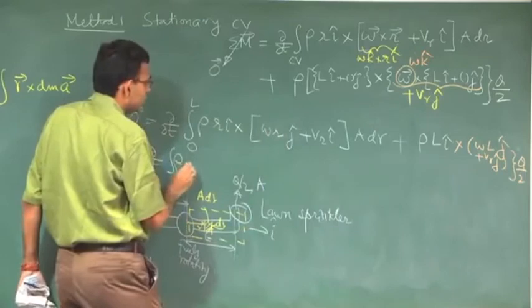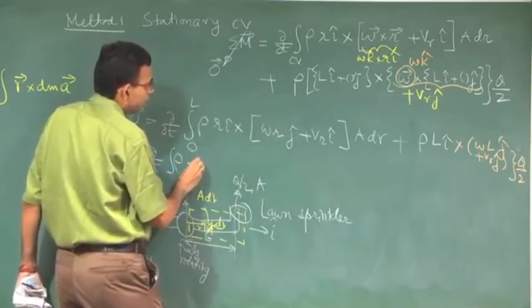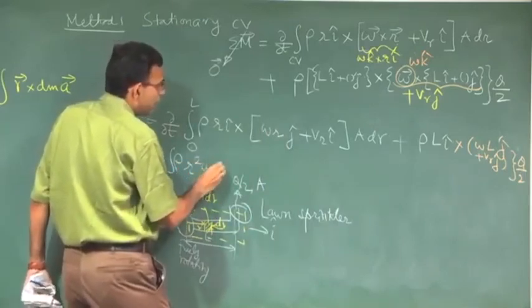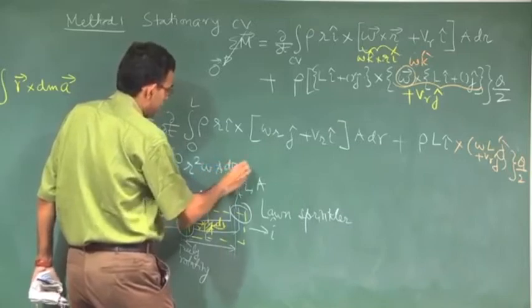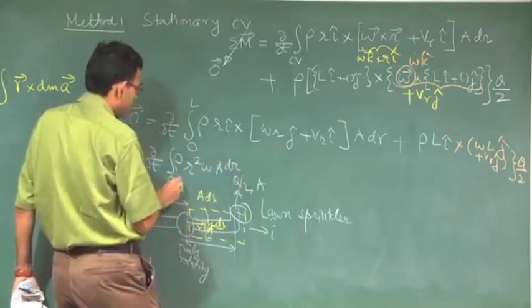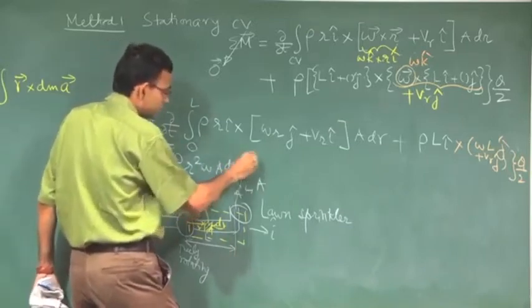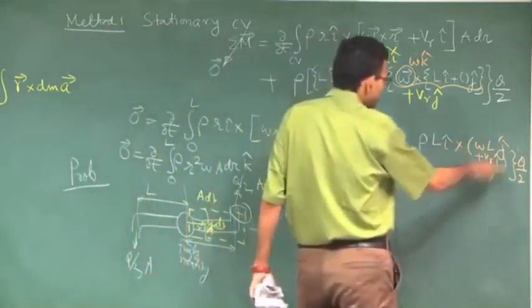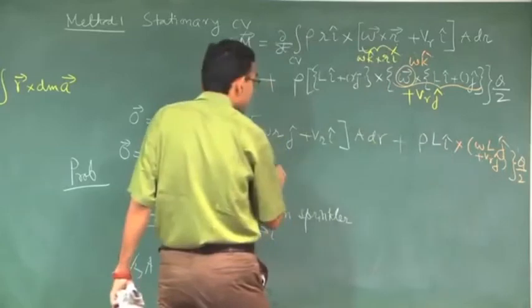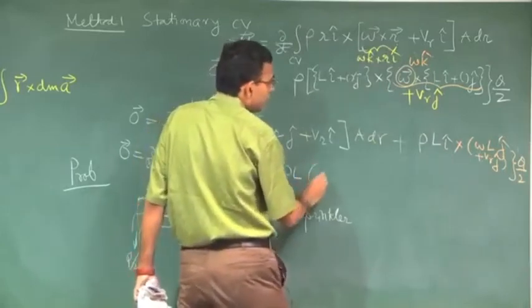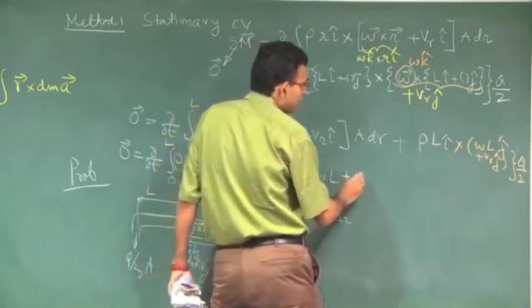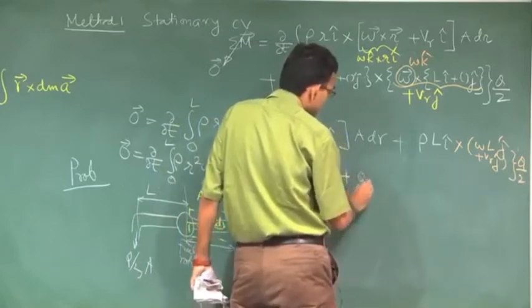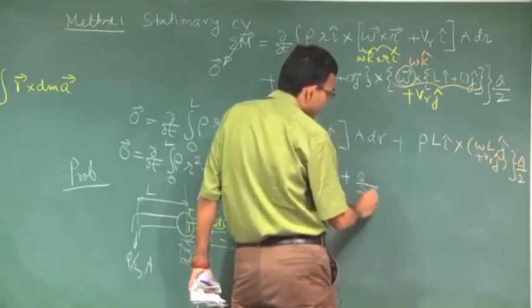So rho r square omega a dr, 0 to L k, here both will be k, right, plus rho L omega L plus Vr is q by 2a, right.